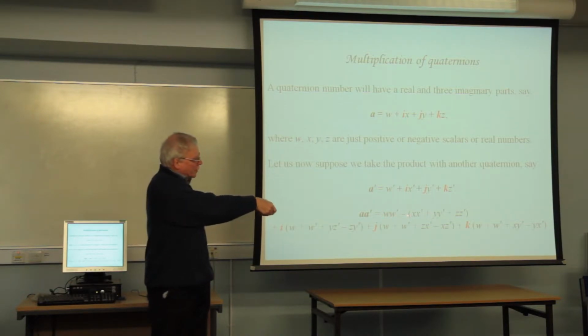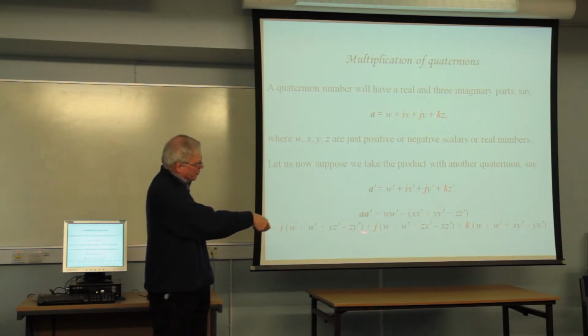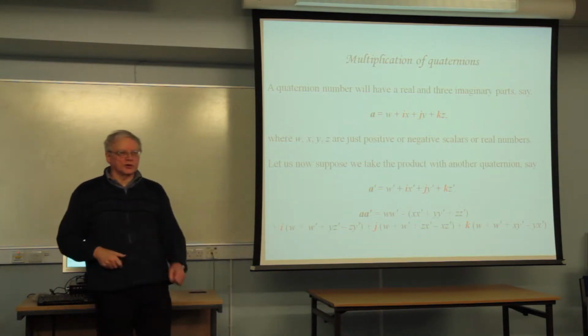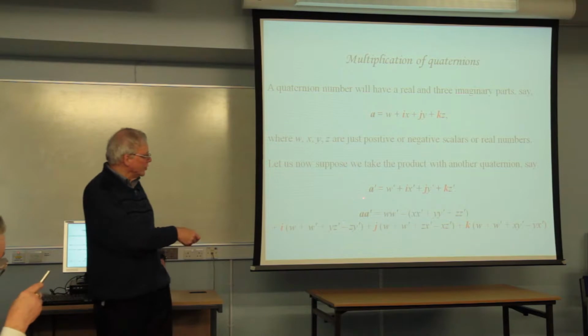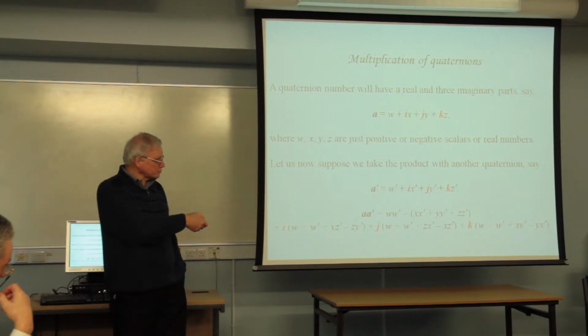We will get a scalar term like that, and we will get an i term, a j term, and a k term. In other words, it'll exhibit closure. We will get another quaternion.